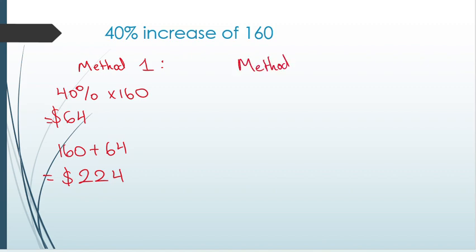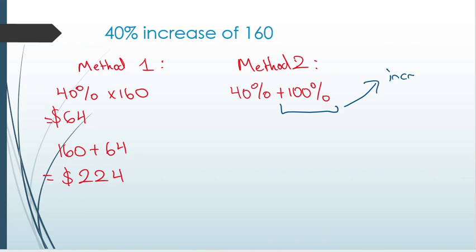Method 2 focuses on this. So take the 40%, add it to 100. The reason why we add is because of the word increase. So we add it to 100. This ends up making 140%.